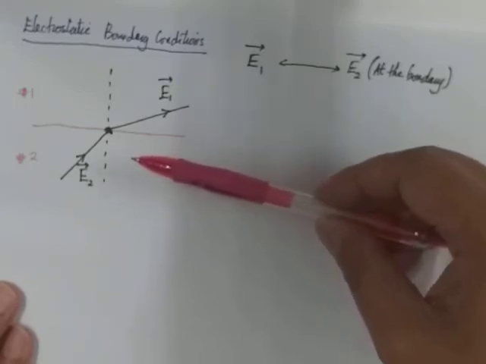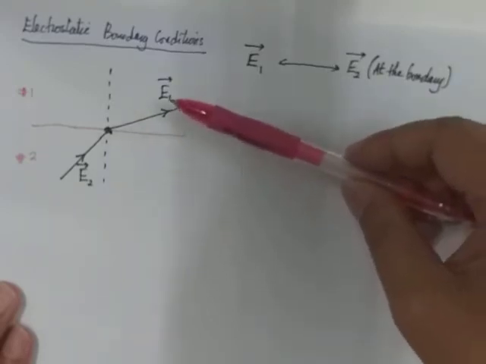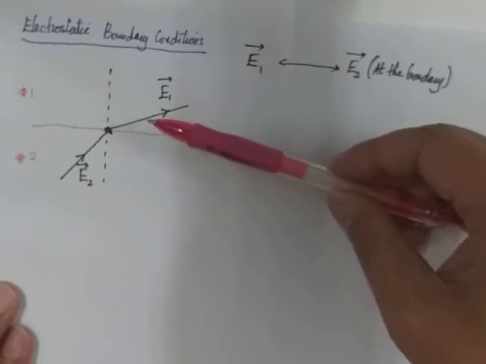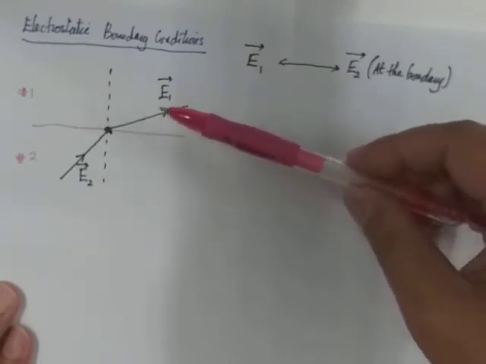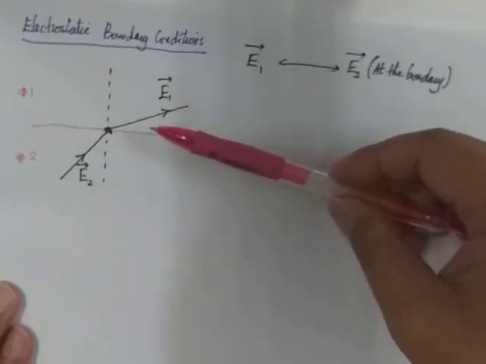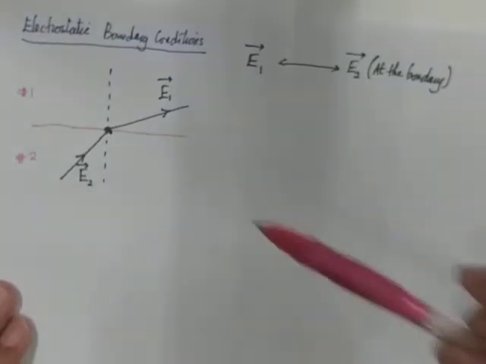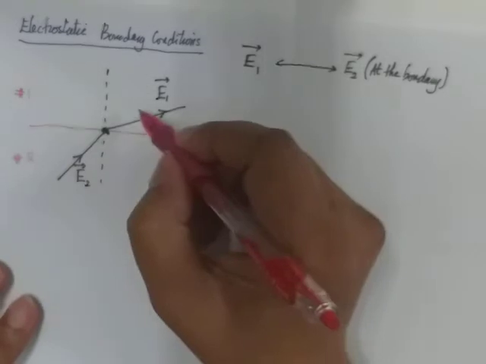So it's much easier if we purposely split E1 into two components, the normal as well as the tangential. Because the normal always remains normal to the boundary, the tangential always remains tangential to the boundary. So let's make it easier like this. Let's split E1 into two components.